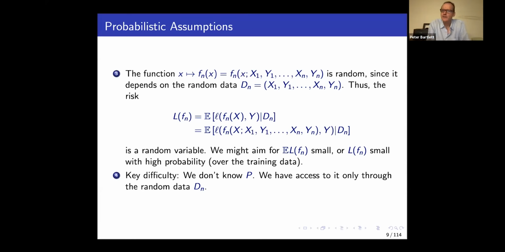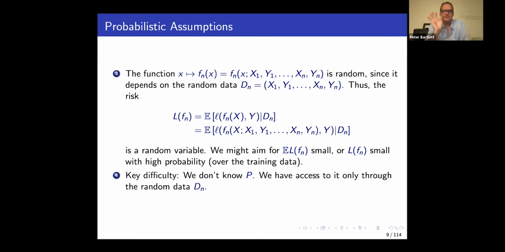So that is a random variable, right? It depends on that random sequence of X1, Y1 through Xn, Yn that we've seen. And we might aim to have the expectation of that random variable small, that risk. Or we might aim to have it small with high probability. The probability we're talking about here is the randomness that goes into Fn, and that's that training sample.